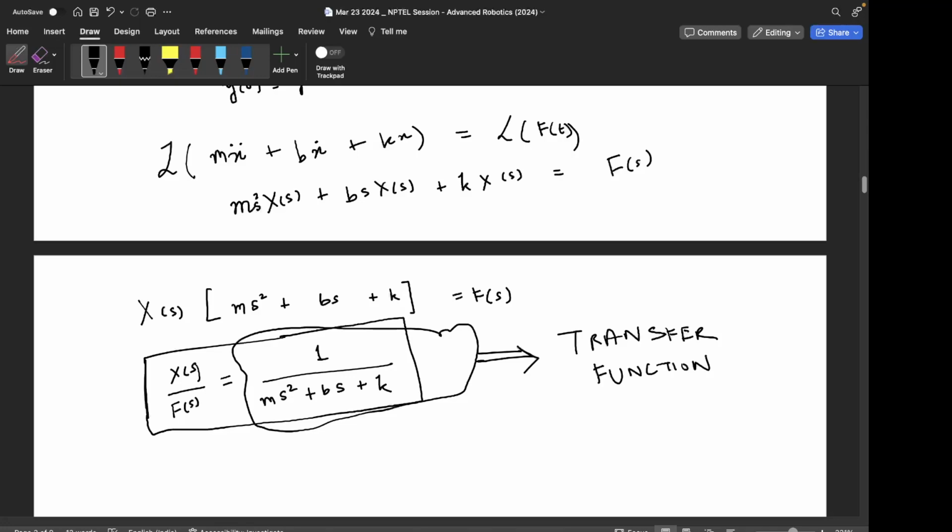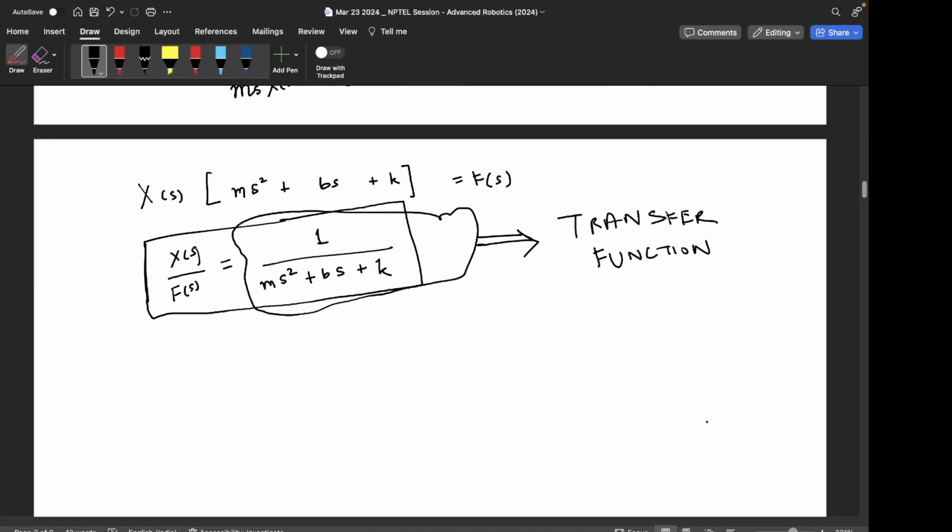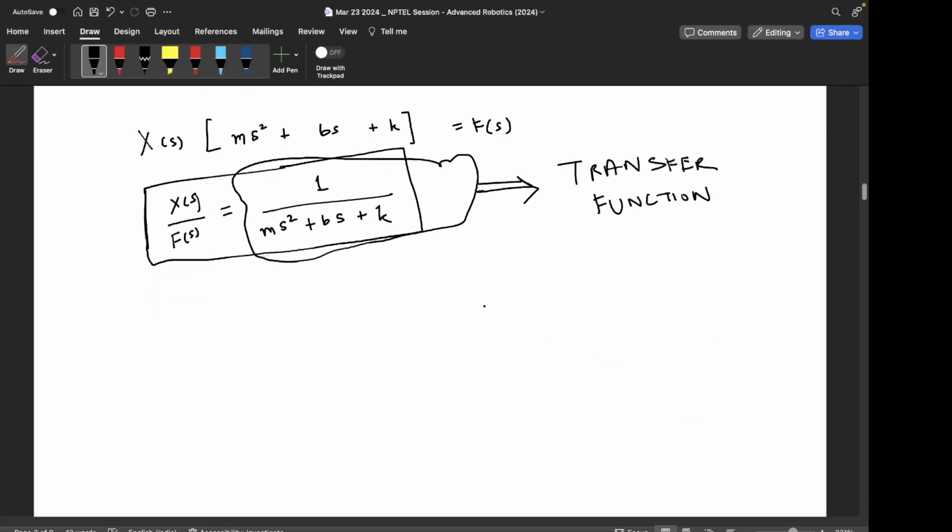And this function is very important because analyzing this function gives us an idea of what will be the response of the system, the behavior of the system given certain inputs, right? So the following discussion will be around the analysis of transfer function, and for ease of understanding and their common occurrence, we will limit ourselves to these second order systems, because these are the most common systems that you will encounter.